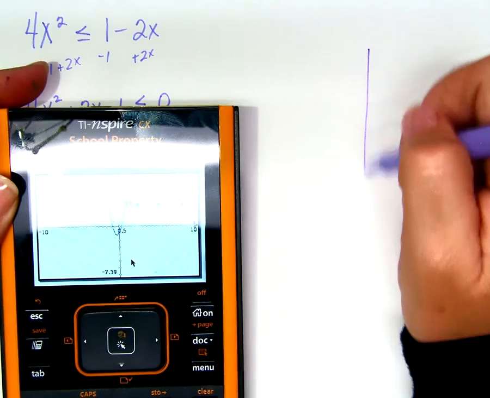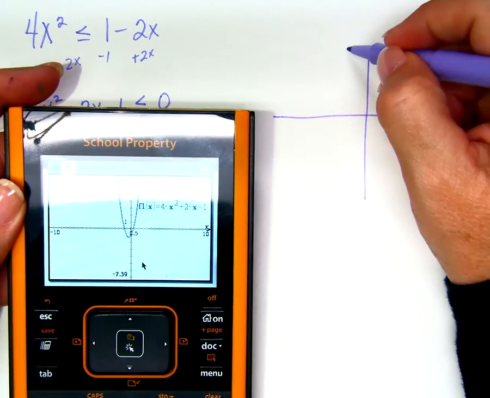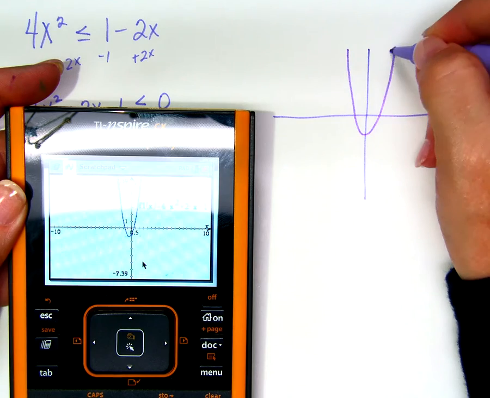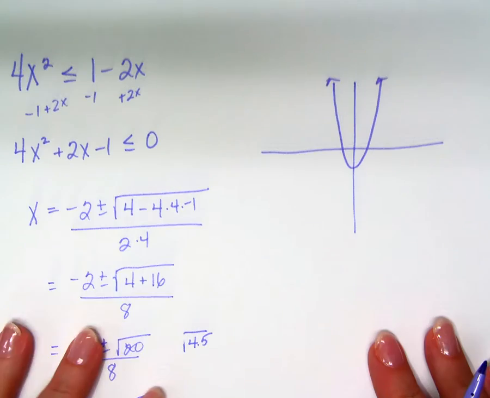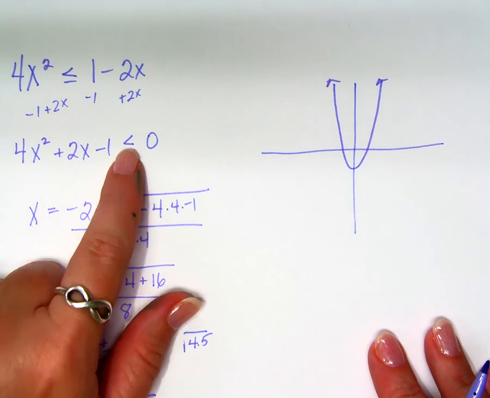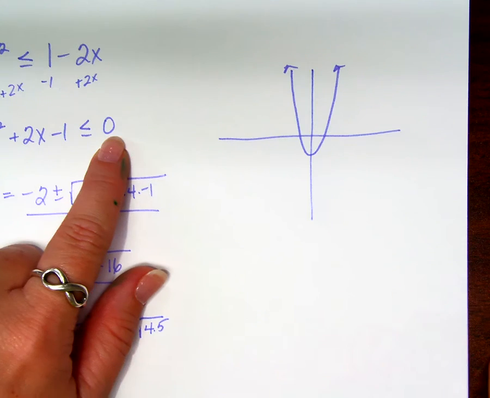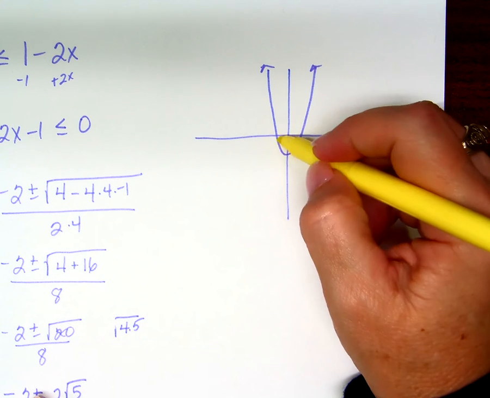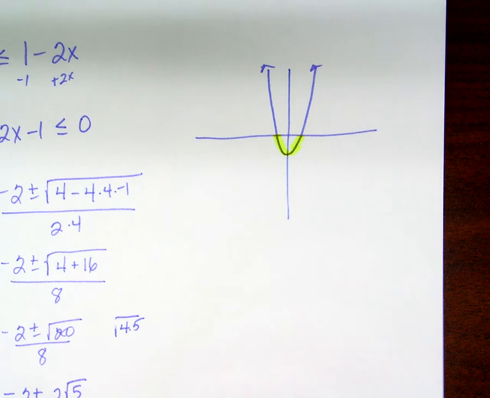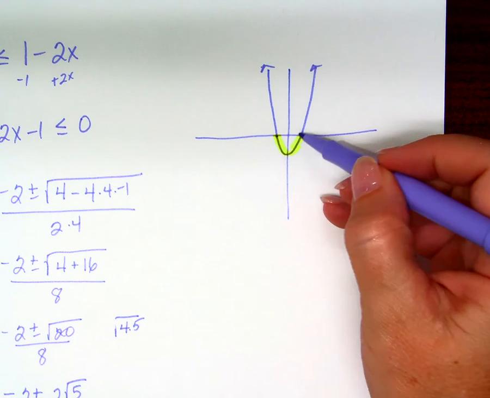So if I graph it just for myself, it's going to look something like that. Close, right? Now I want everything here that's less than or equal to 0. So what part am I looking at this time? I'm looking at this part this time. That's the part that I want to talk about as my solution, right? So it's going to be everything between those 2 points.